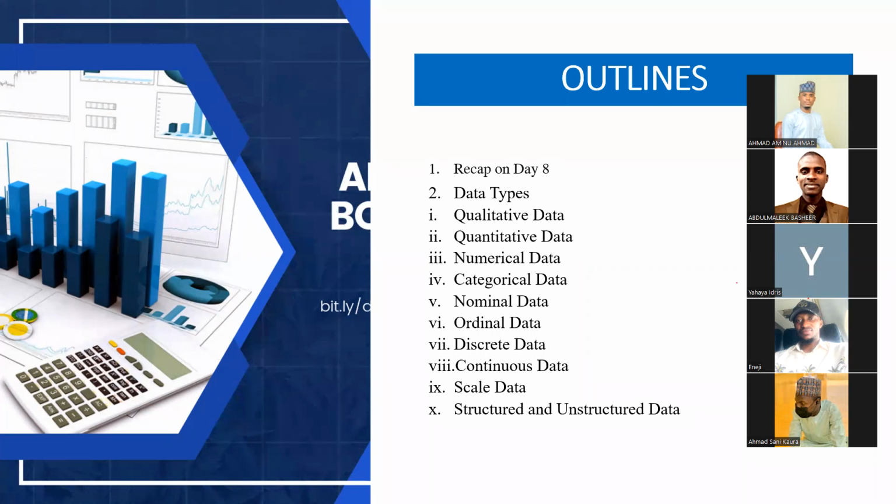So the last thing that we are going to talk about is number 10. We are going to discuss structured and unstructured data. Structured data is any data that normally comes in tabular format, or comes with the name of its variable. Structured data doesn't mean well-arranged data.